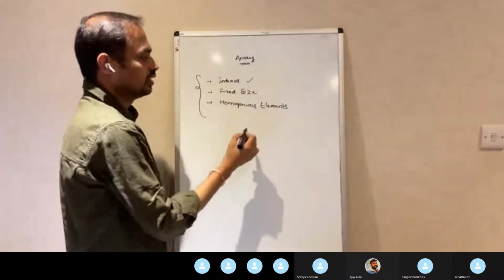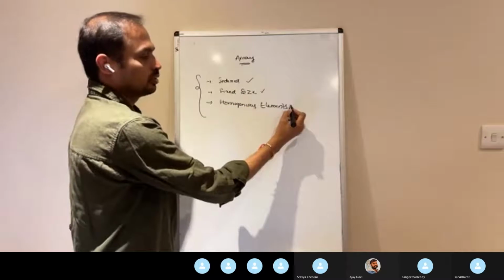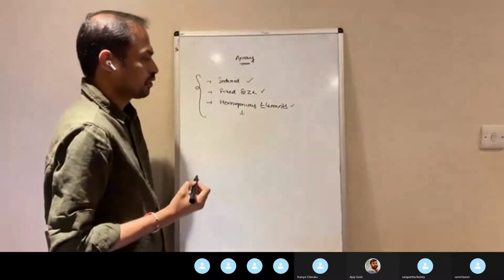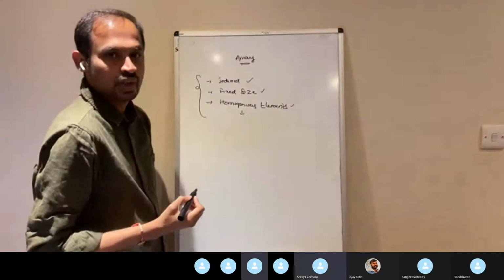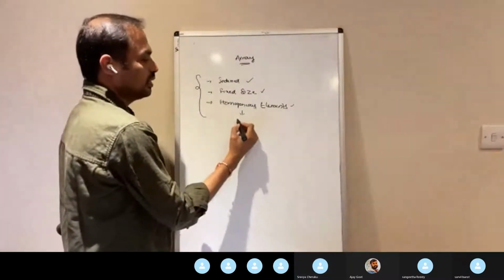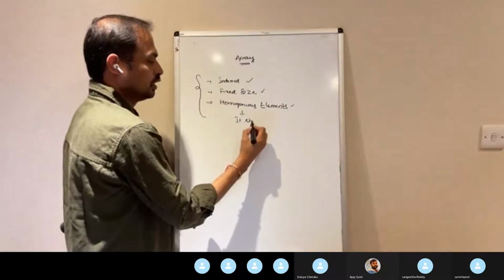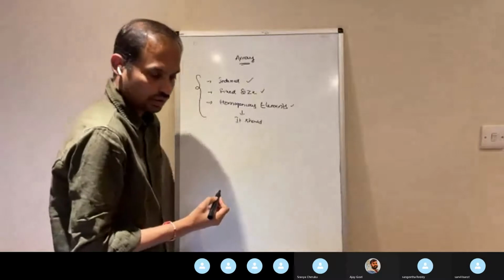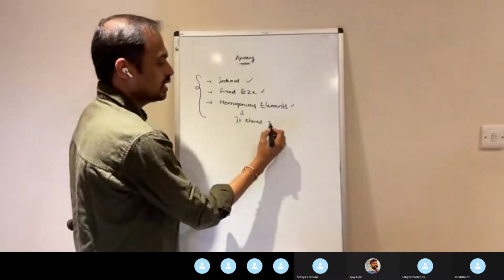It should be an index, it should be a fixed size, it should be homogeneous elements. What is meant by homogeneous? Same data type. Yeah, it should be the same data type. We can't use multiple data types while we are assigning an array.